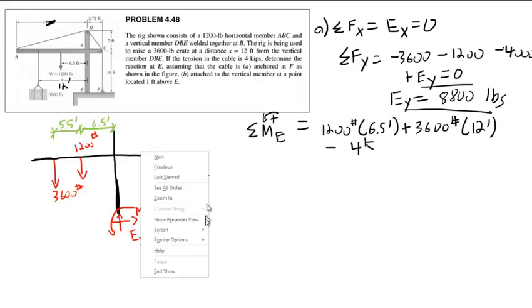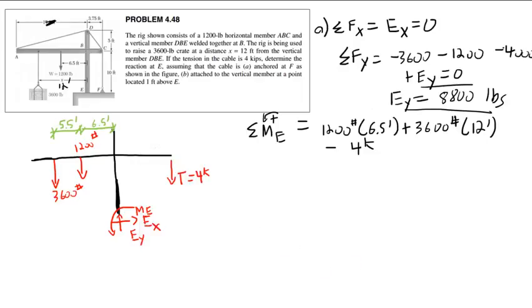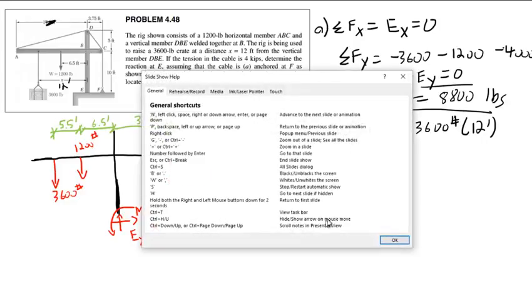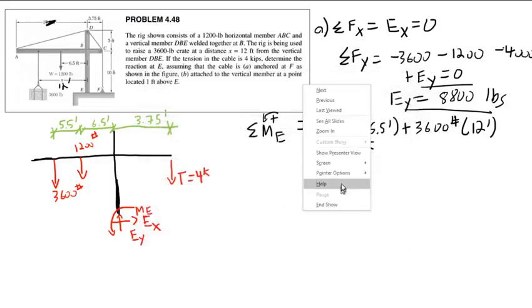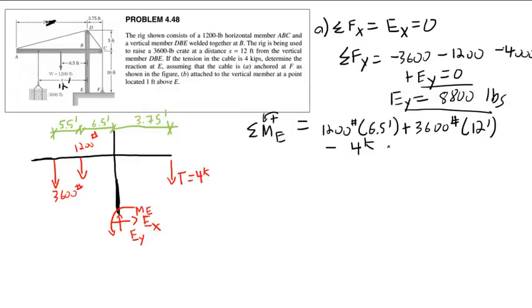I should probably put the distance here. I do need this distance, and this distance is 3.75 feet. So minus 4.75 kips times 3.75 feet.